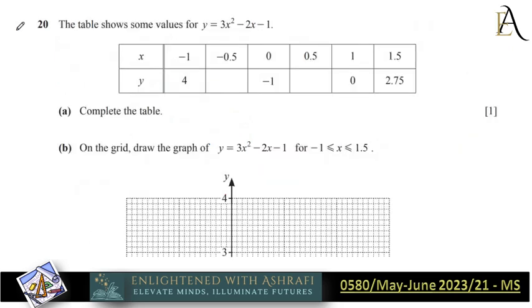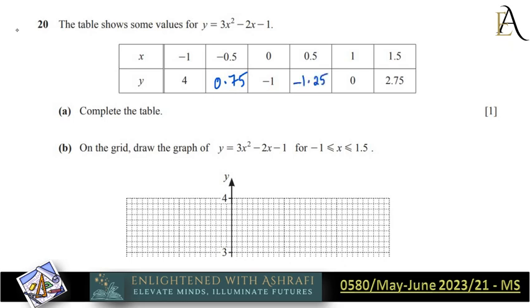The last question, 20. The table shows some values of y equals 3x square minus 2x minus 1. Substitute the value of minus 0.5 in the equation. We get 0.75.